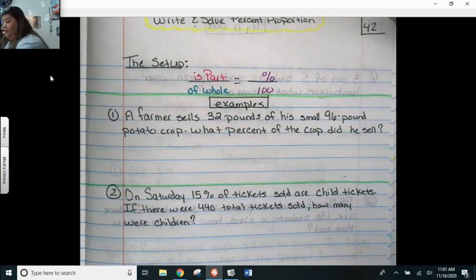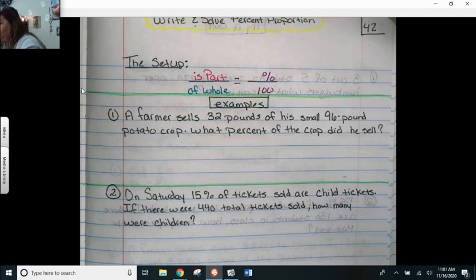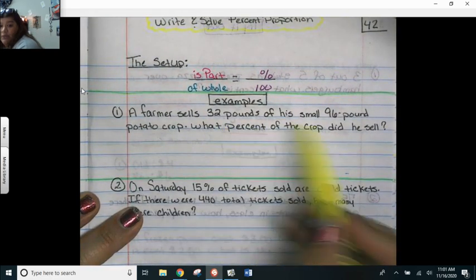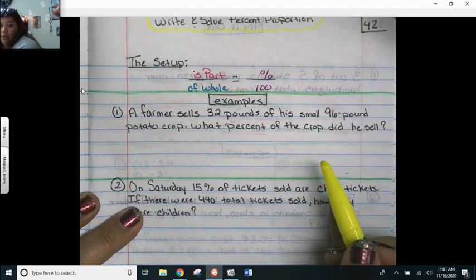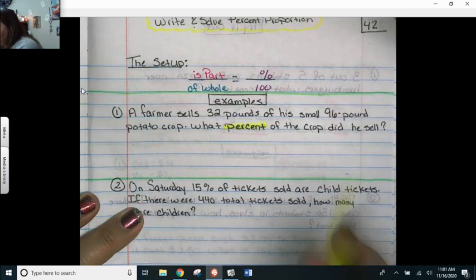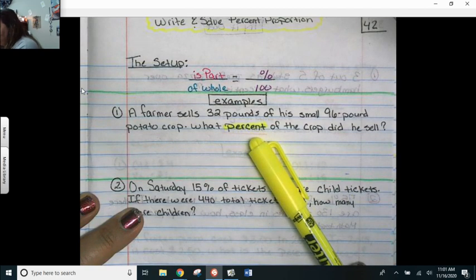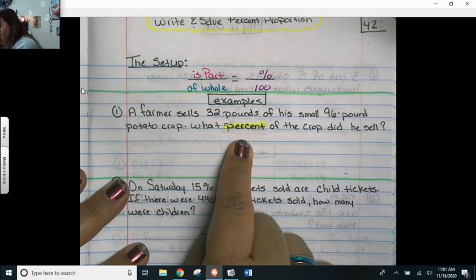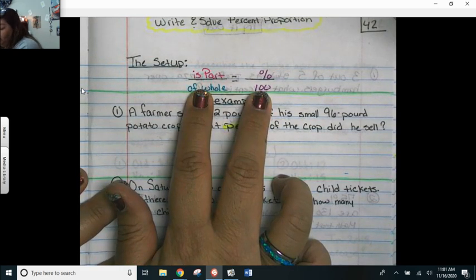Okay, so let's go ahead and go over this first problem. A farmer sells 32 pounds of his small 96-pound potato crop. What percent of the crop did he sell? Now, this is a key word. This is the word that tells me they want a percent in their answer, so I could use the percent proportion.